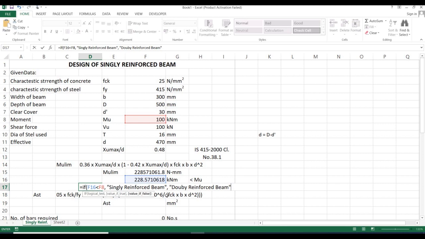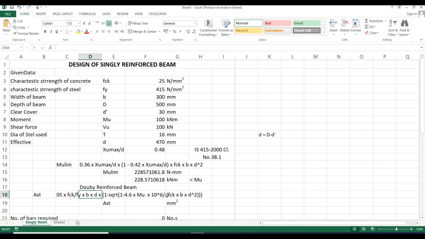So it depends on whether I go for a singly reinforced beam or a doubly reinforced beam.